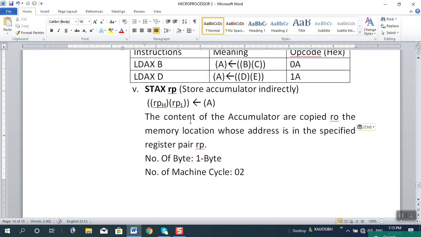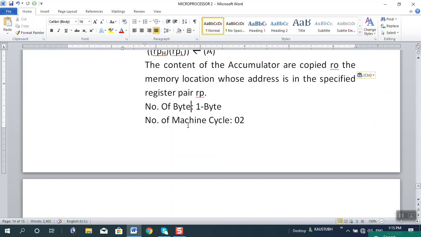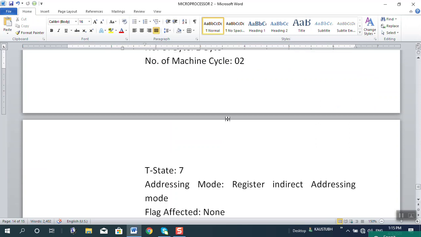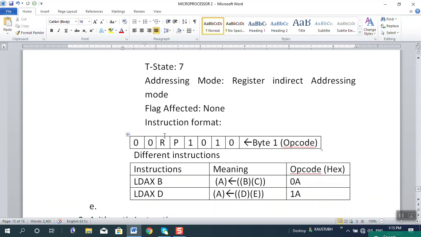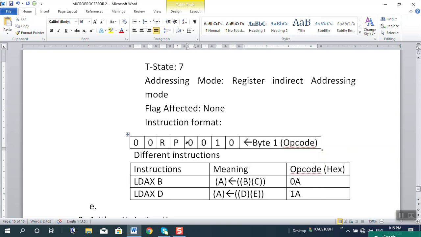Here also the number of bytes is 1, the number of machine cycles is 2, T-states 7, addressing mode register indirect, flags none. The instruction format here is 00 RP 0010.